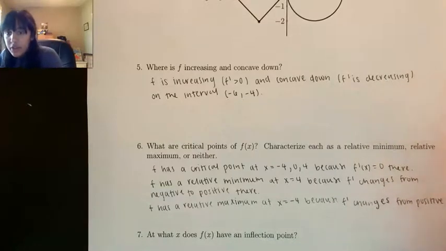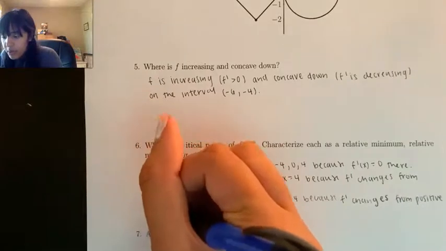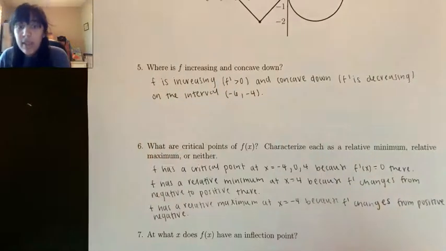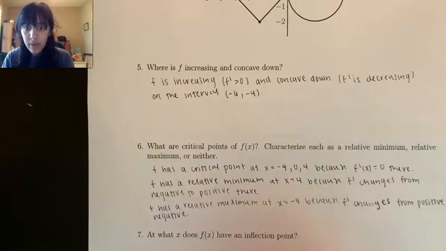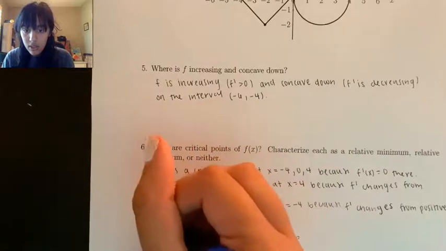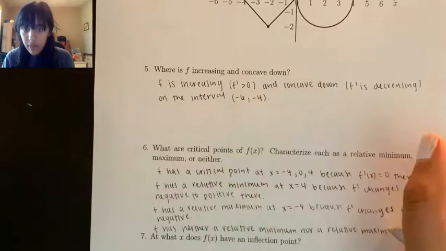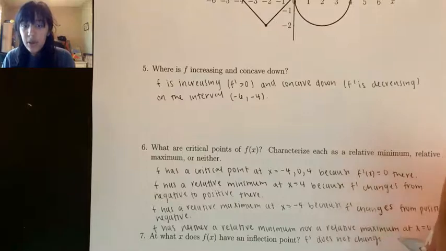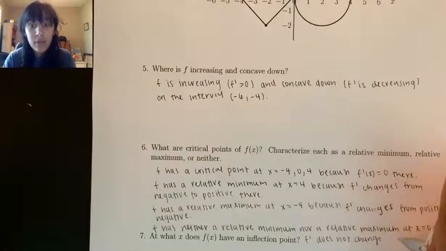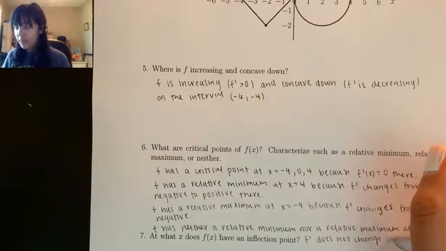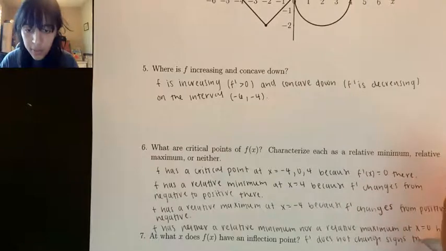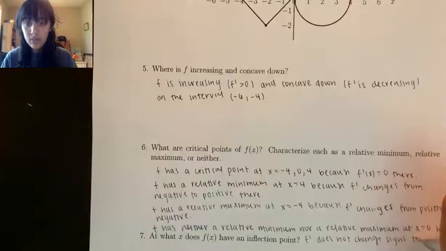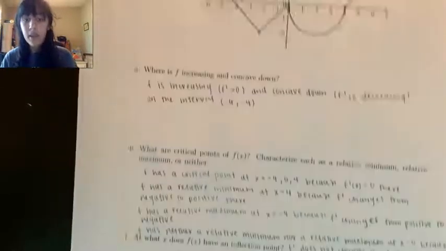And now we still have one critical point left to talk about, which is 0. So when we look at the graph, let's try to get a picture of the graph again. You're going to see that 0 is neither a relative minimum nor a relative maximum because it does not change signs anywhere.